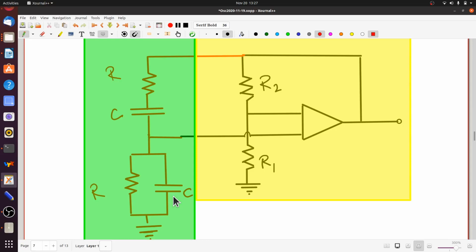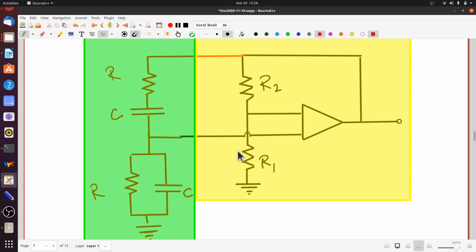Once the output becomes big, a larger amount of current is going to flow through R1, that's going to heat it up more, and you're going to end up with a bulb which is hotter and hence has more resistance. So here you have a situation that the gain could be kept large to begin with, with small R1, but as the output grows, the gain falls. So this was the original amplitude limiting portion of the circuit.